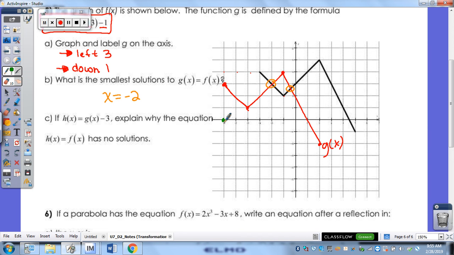I moved that down 1 too many. So again, that was taking the g function, the one we drew, and we moved it down 3.